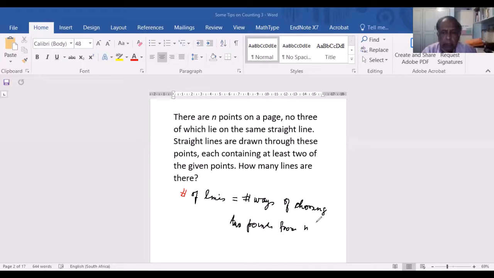So here the objects are points, and we're choosing 2 from that, and we know that is equal to n into n minus 1 over 2. And that's the answer.